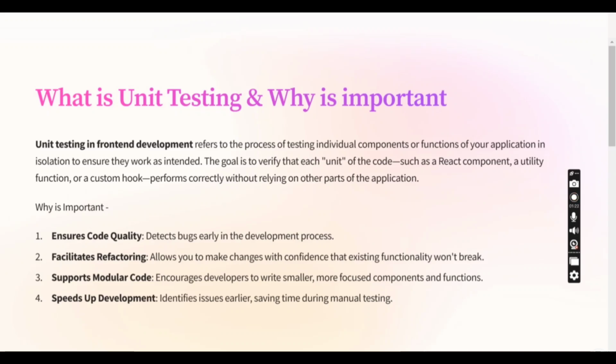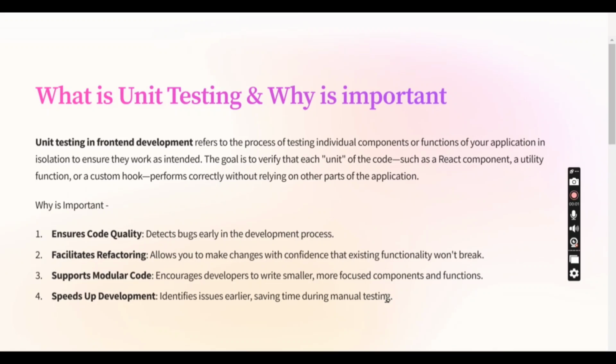You can test only a few components, and testing each and every component can be time consuming. You are not able to test a few scenarios, so it can become a production error. To avoid this type of scenario, the developer needs to write unit test cases. That helps us detect bugs early in the development process, so we don't commit production errors.